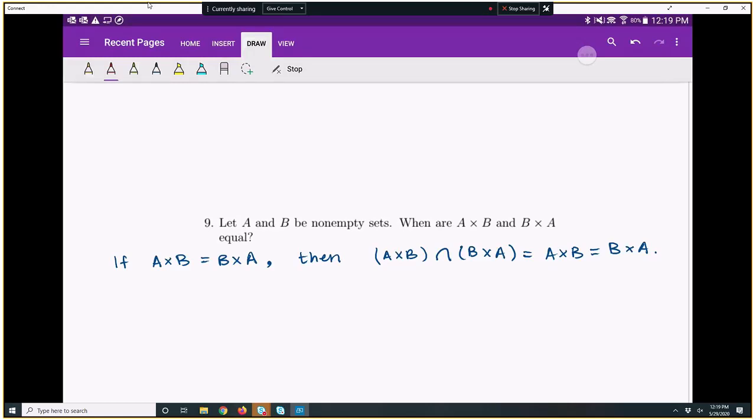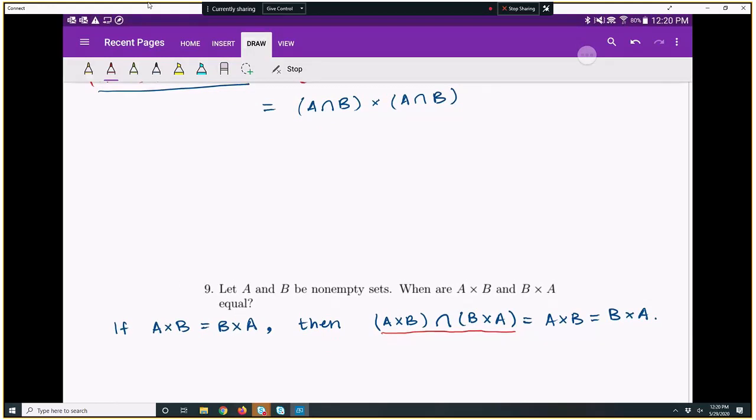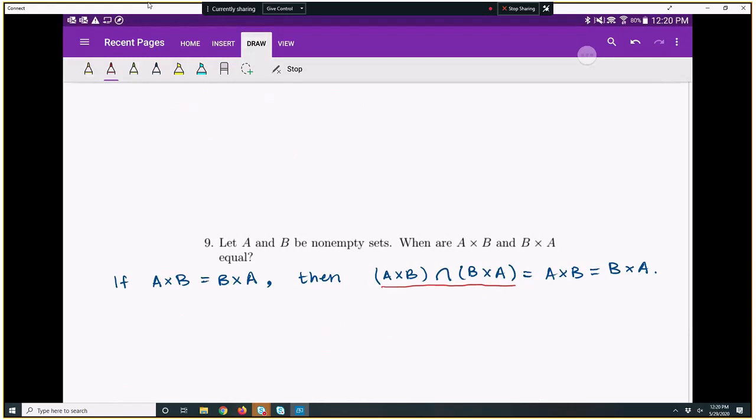And then this intersection is the one that we were working with in the previous problem. So if this is true, that the intersection is equal to A cross B, then we would know that A cross B is a subset of B cross A. Why is that?